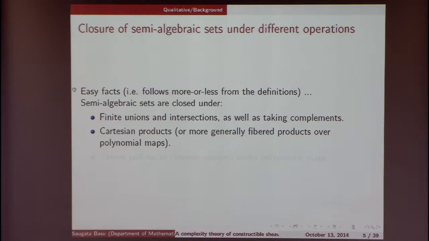And it also follows from the definition, plus the fact that the composition of polynomials is a polynomial, that semi-algebraic sets are closed under taking inverse images of polynomial maps. You don't have to do any work to observe these.